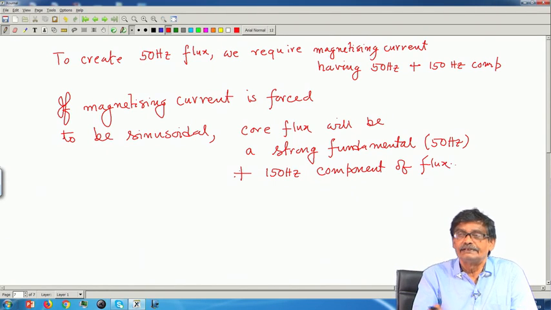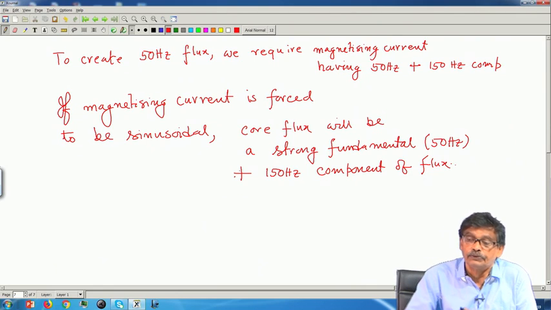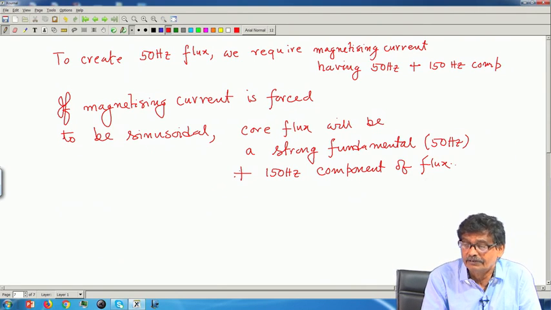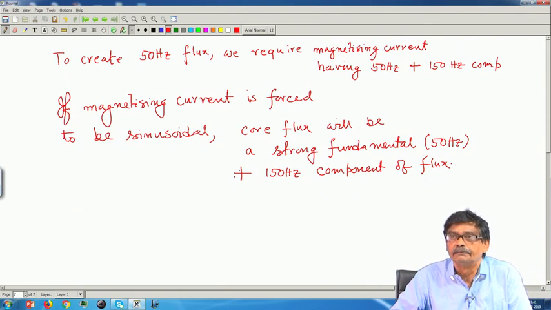So, this is necessary to know, and this is all because the BH curve is not a straight line.